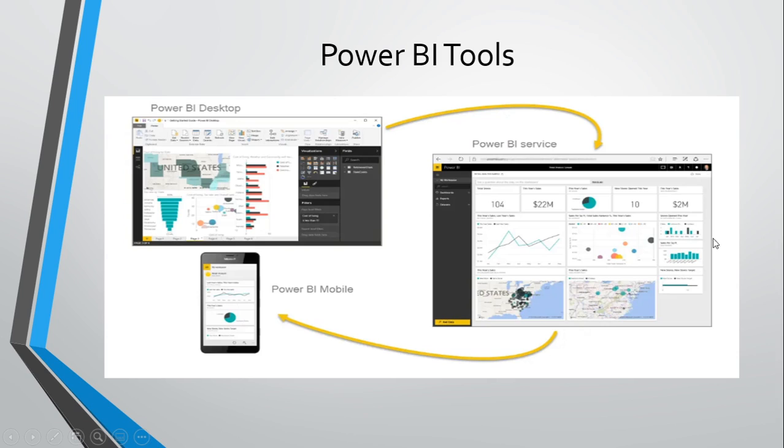Here you can see a page where you have an account, your my reports and all these options, and here you will be able to see your reports which are published in the Power BI service. And then we have Power BI mobile also. Through mobile you will be able to see the reports.